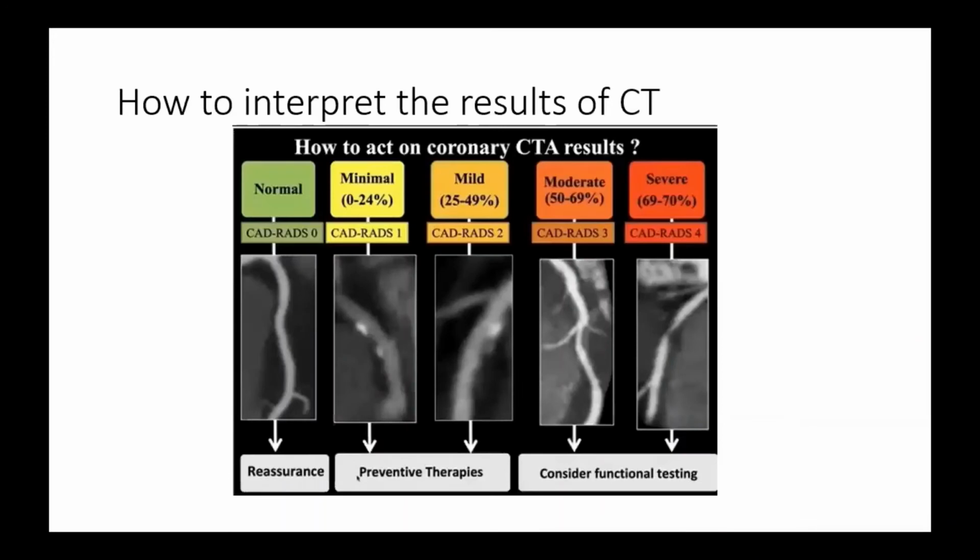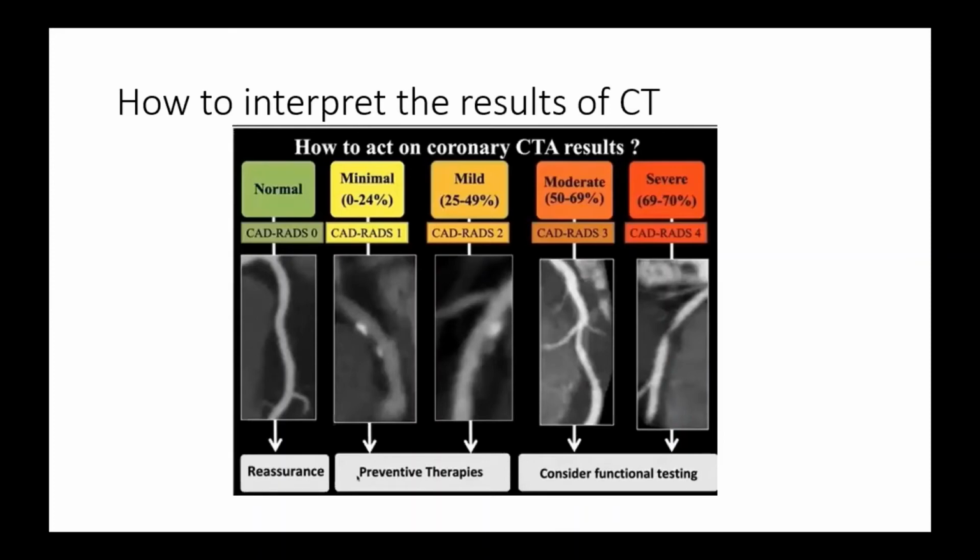How do you interpret the results of the CT? Usually you grade it from normal, which they call Coronary Artery Disease Reporting and Data System 0. Those people you will reassure, of course. Then you have the minimal, between 0 and 24%, and the mild, 25 to 49%.